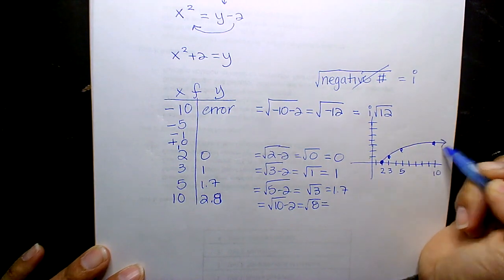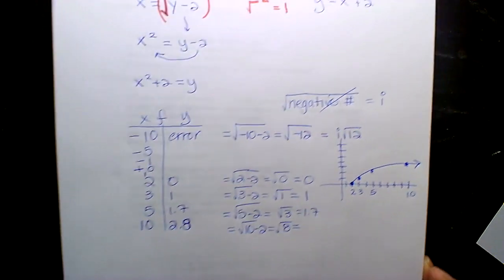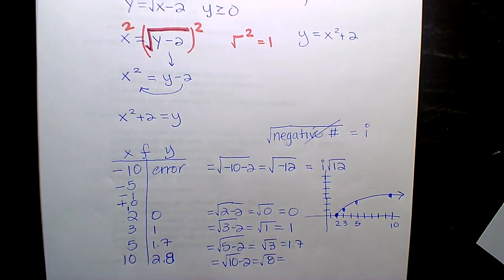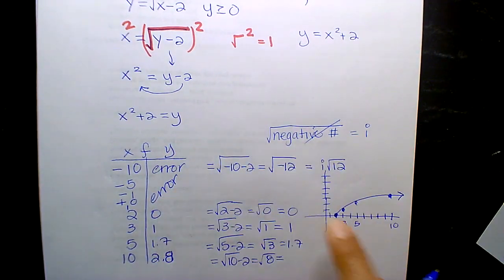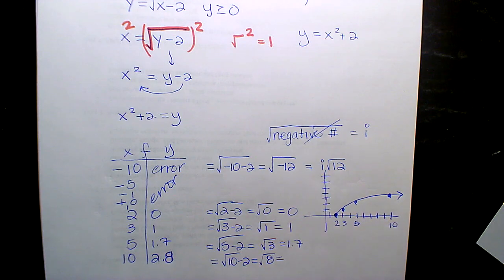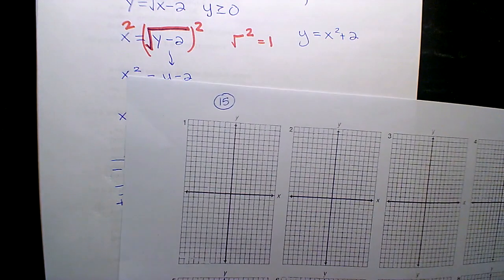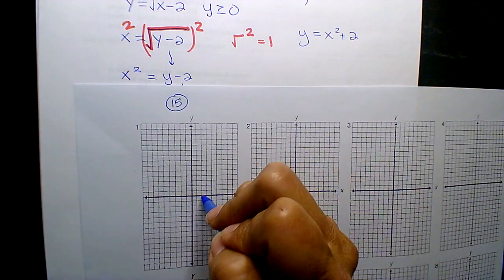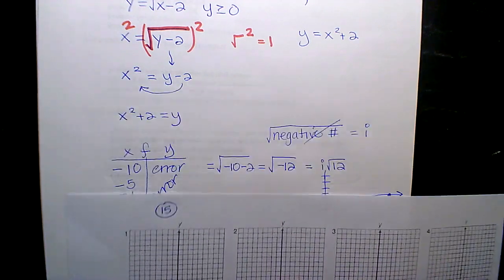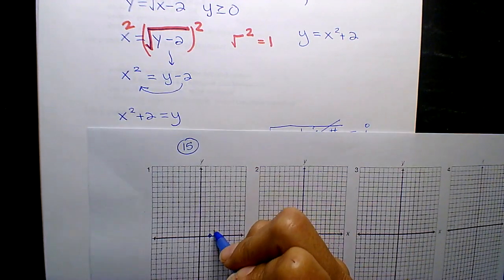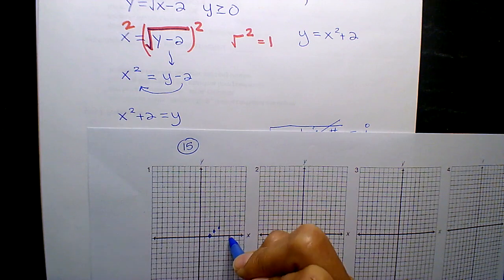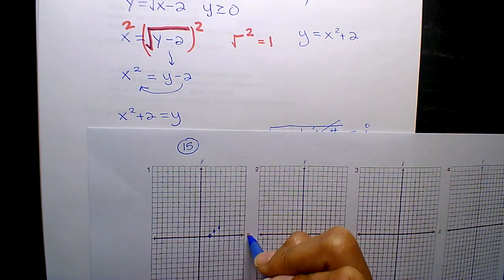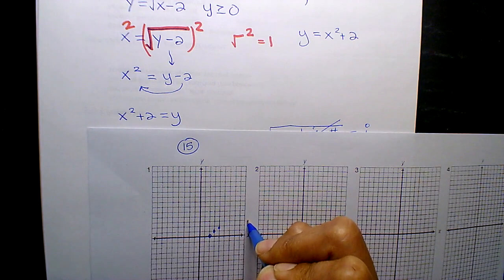Okay, there's my square root function, which is what we saw on Desmos before we started. And all of these are errors because you cannot have an imaginary number. We're not interested in imaginary. So if you come back to your graph, you would graph that nicely here. 3 was 1, this was here. 1, 2, 3, 4, 5, 6, 7, 8, 9, 10. 2.8.